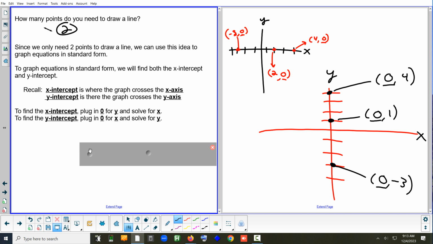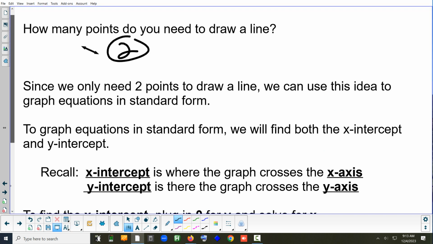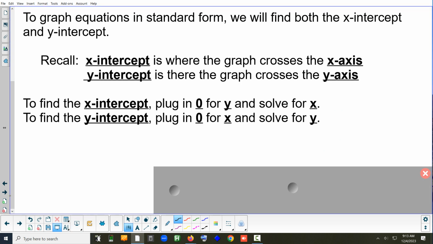The x value has to be a 0. So you just have to remember which one is which. Plug in 0 for y, and you're finding the x-intercept. Plug in 0 for x, and you're finding the y-intercept.